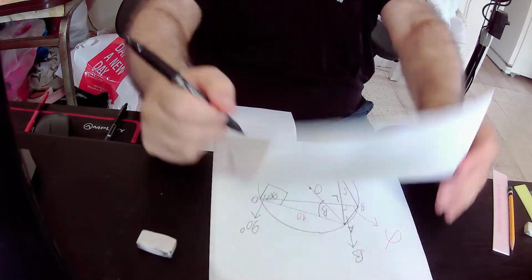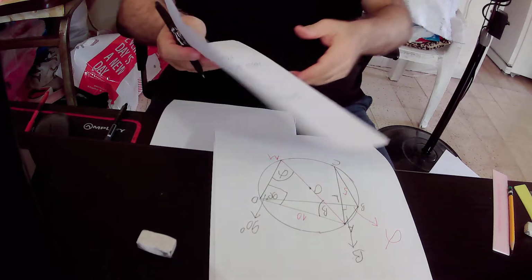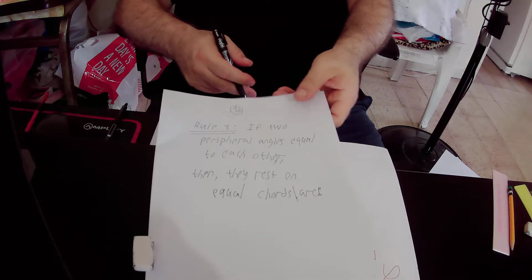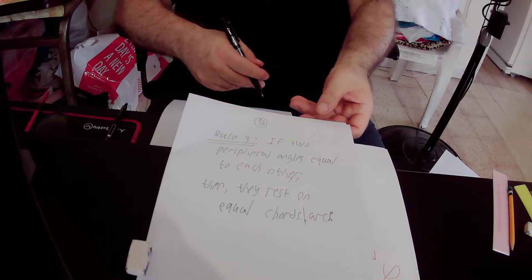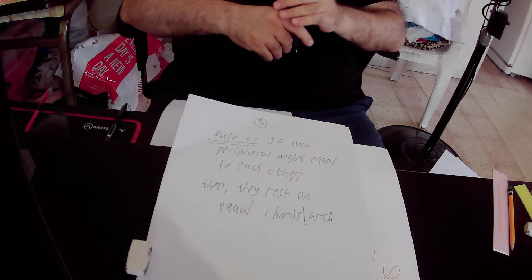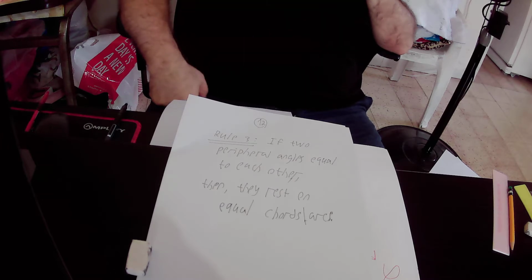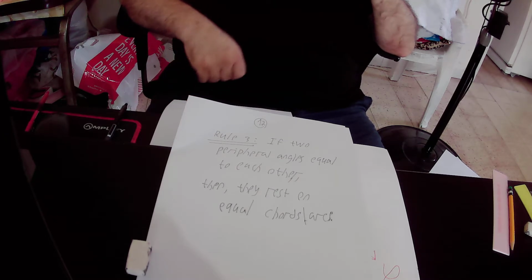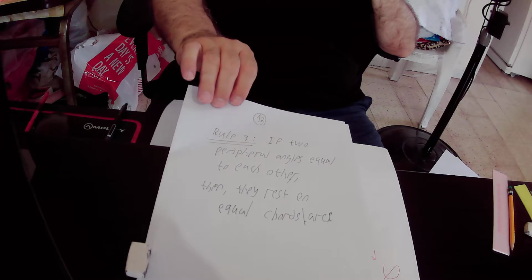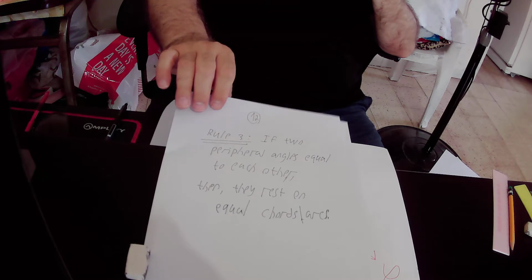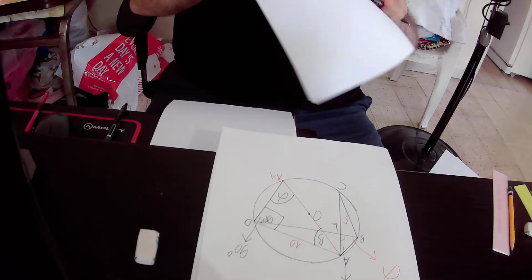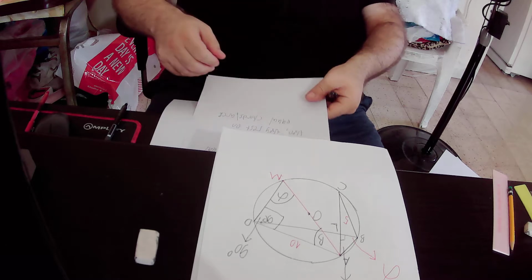So I will read rule number 3 again. Rule number 3 states that if two peripheral angles equal each other, then they rest on equal chords or arcs. So I will give you an example of rule number 3 in order to clarify the rule.